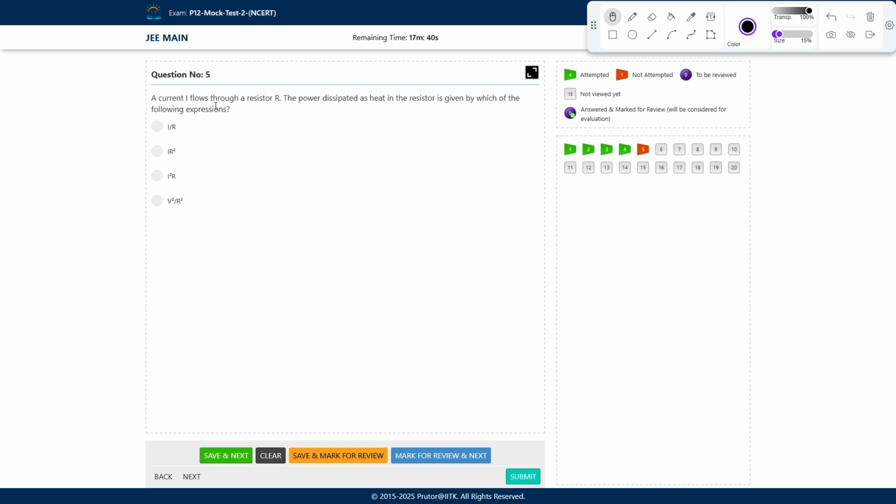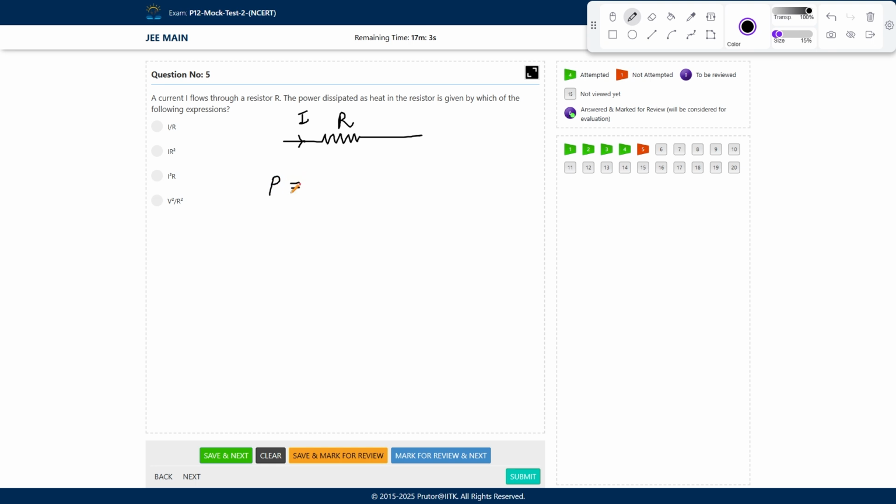Okay, a current I flows through a resistor R. The power dissipated as heat in the resistor is given by. Okay, so there is a current I flowing through a resistor R. So power dissipated as heat in the resistor is given by which of the following expressions? A option, B option, C option, D option. This is simple.